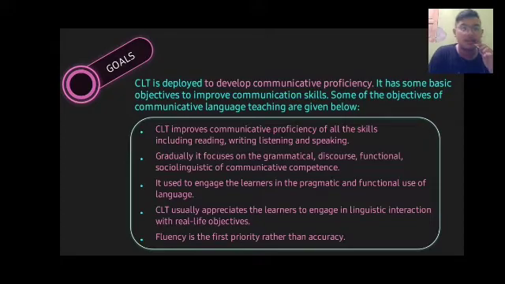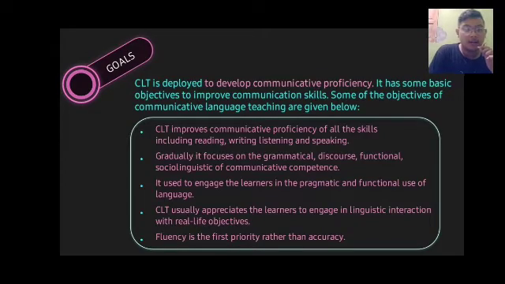Next slide is the goal or the purpose of CLT. CLT is deployed to develop communicative proficiency. It has some basic objectives to improve communication skills. Some of the objectives of communicative language teaching are given below. CLT improves communicative proficiency of all the skills, including reading, writing, listening, and speaking.